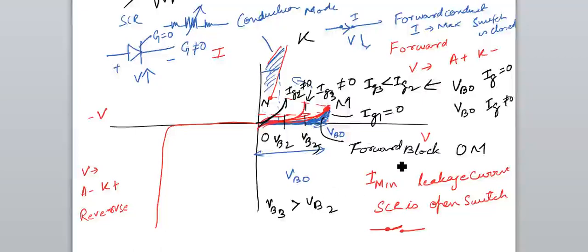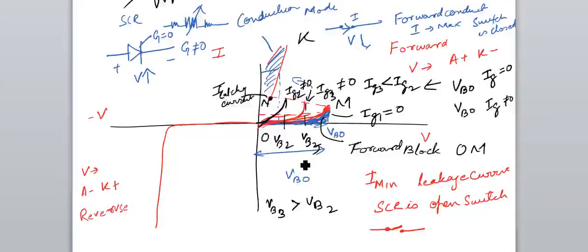We'll discuss more in the later part. One more thing is that the switching characteristic from here is called latching current. We'll discuss more on that in the next chapter.